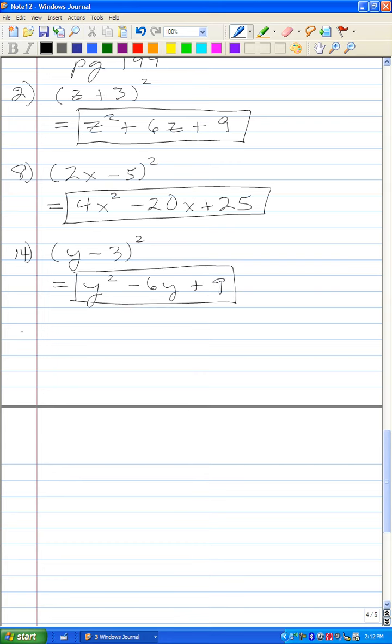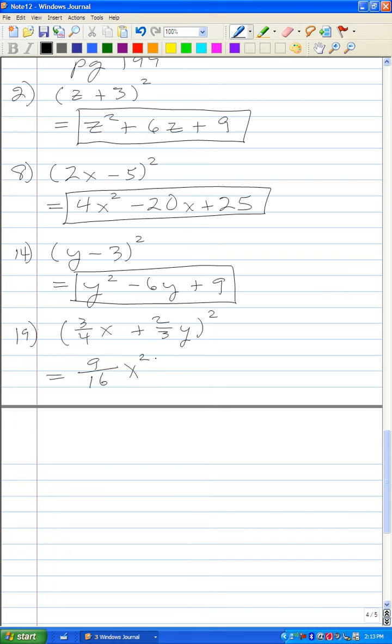Let me do problem number 19. 3/4 x plus 2/3 y quantity squared. Okay, so let me do that. 3 squared is 9. 4 squared is 16.